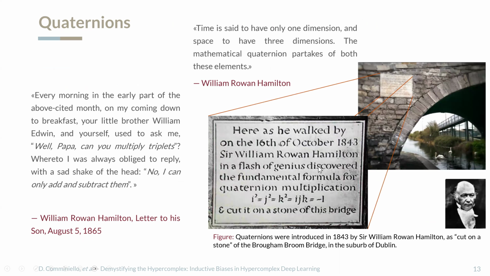Okay, so one of the most popular hypercomplex algebras, of course, is the algebra with order equal to 4. That is known as quaternion algebra.